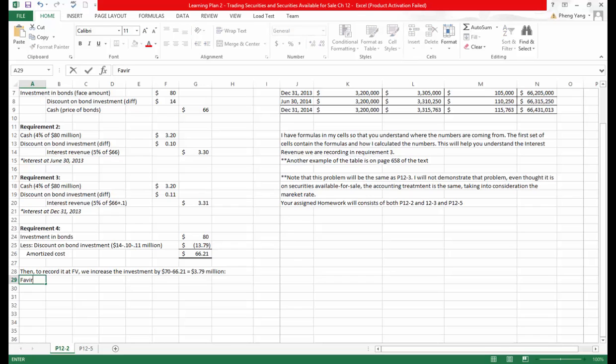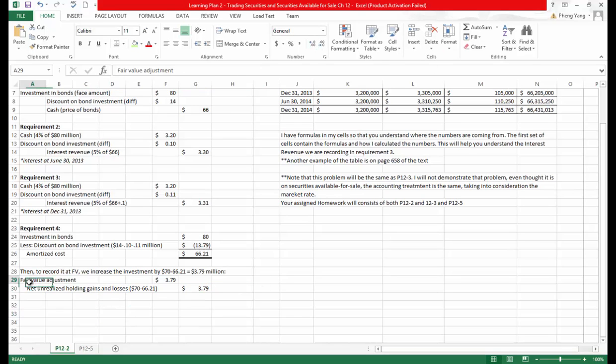So our fair value adjustment entry would be 3.79, and we would credit the net unrealized holding gains and losses, which is the 70 million again minus the 66.21, 3.79.